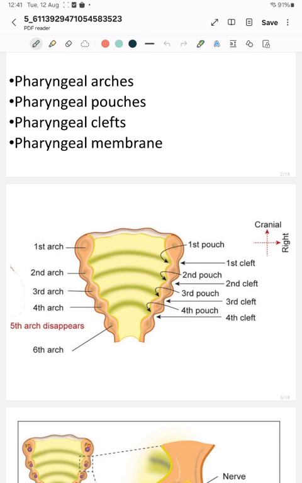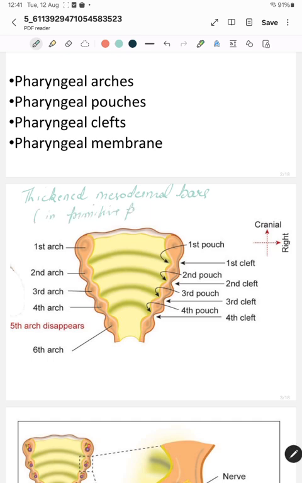So, what are pharyngeal arches? Pharyngeal arches are thickened mesodermal bars present in the floor and the lateral wall of the primitive pharynx.